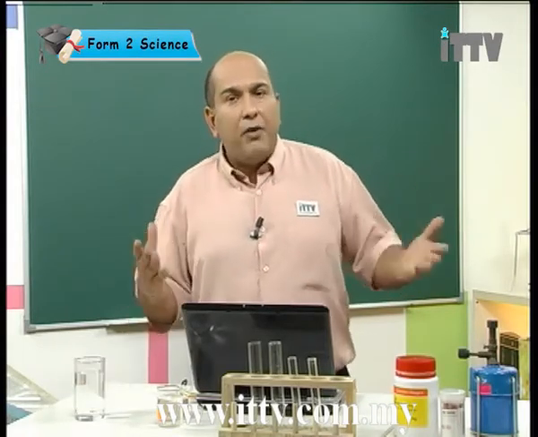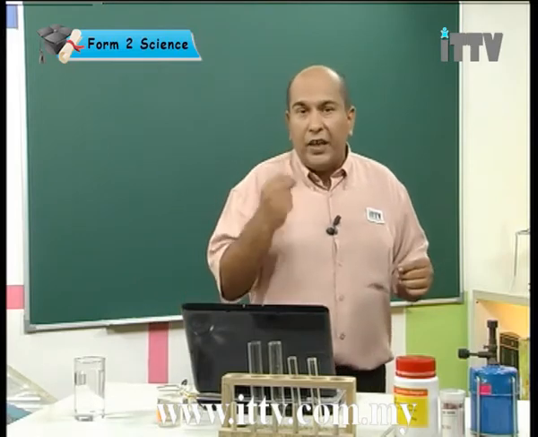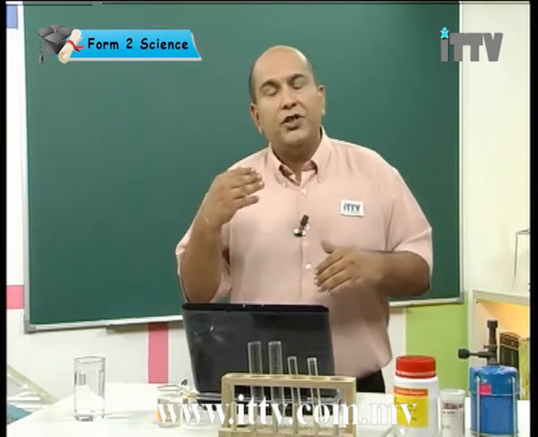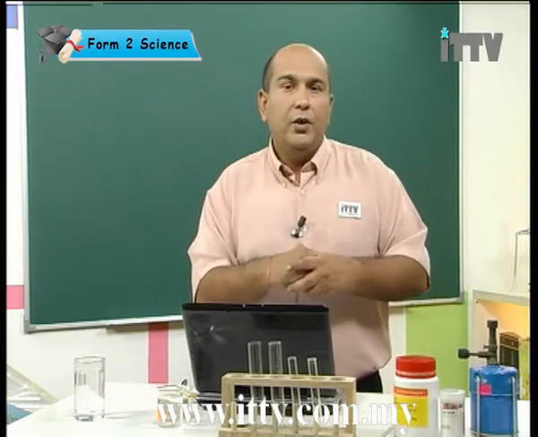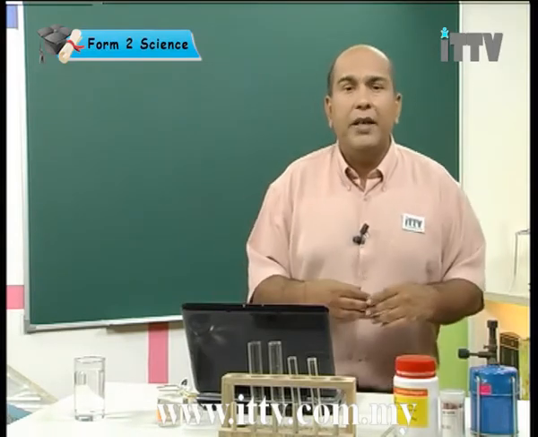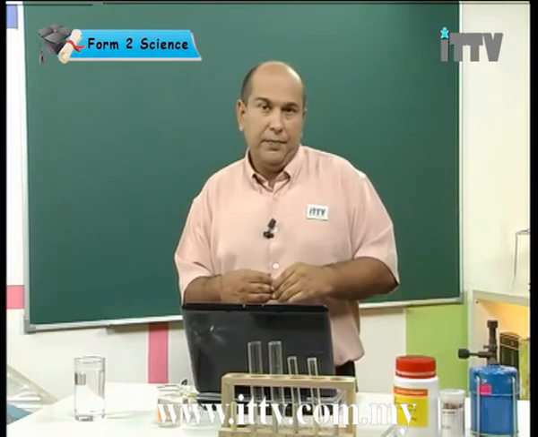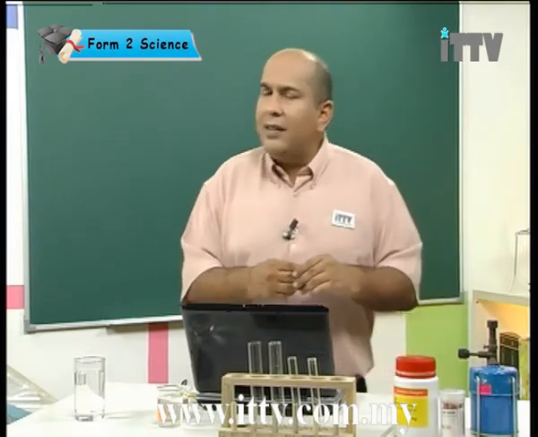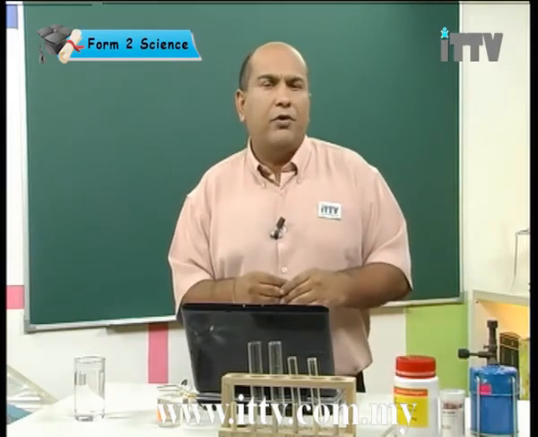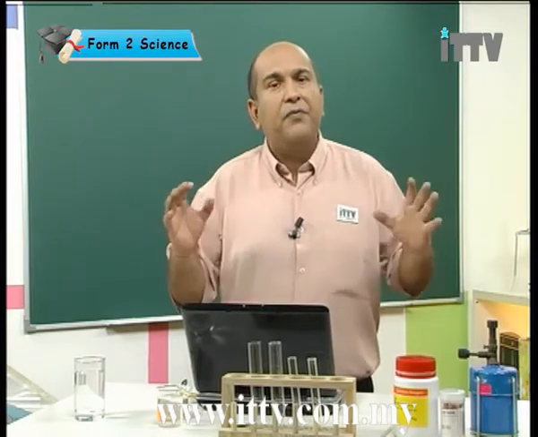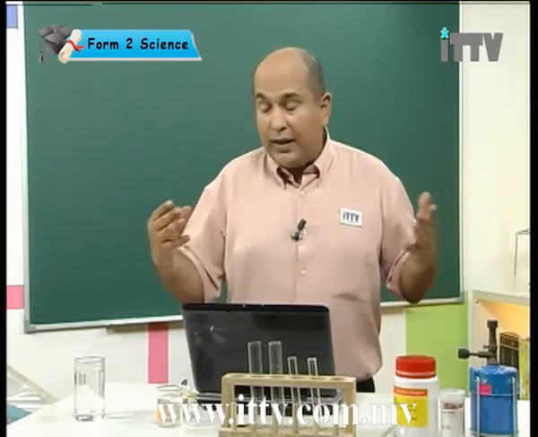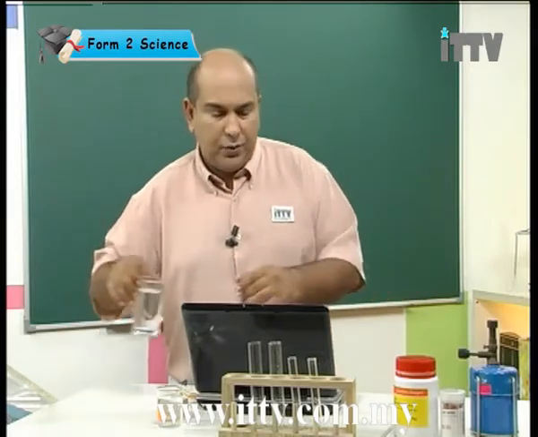Now, in an experiment, we sometimes need to feel whether a reaction is becoming hotter or becoming colder, which we call endothermic or exothermic. There are also other things that we need to do in a laboratory that depend on our sensory organs picking up different stimuli. For example, I'll move this water away.